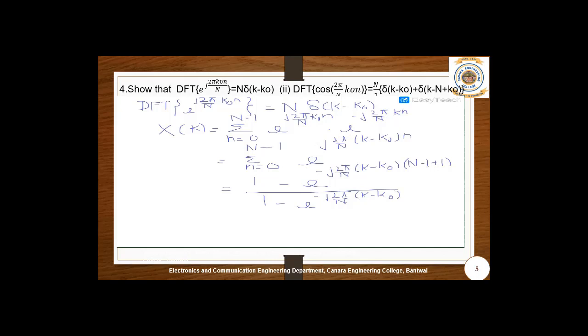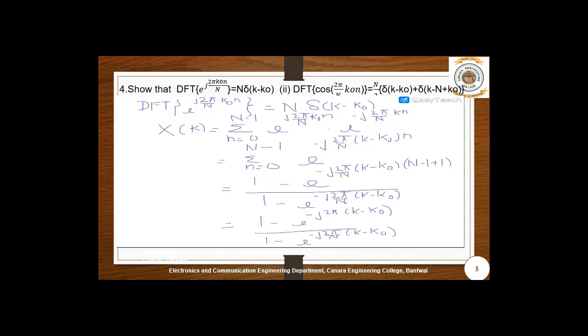This gives me 1 minus e to the power minus j 2 pi k minus k naught divided by 1 minus e to the power minus j 2 pi by n k minus k naught.